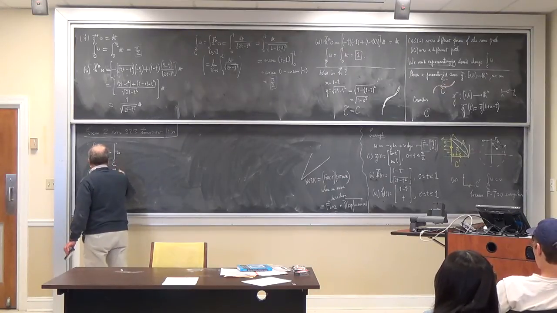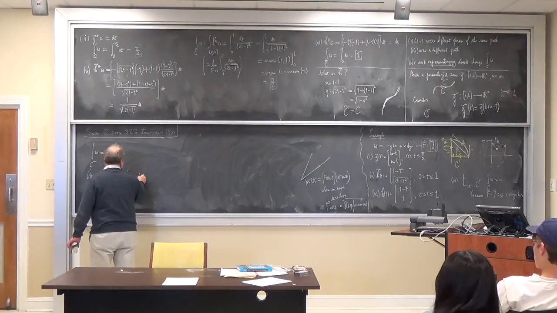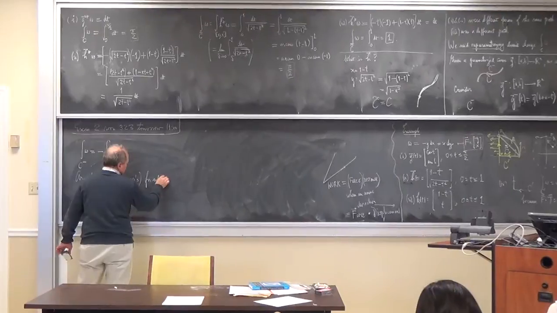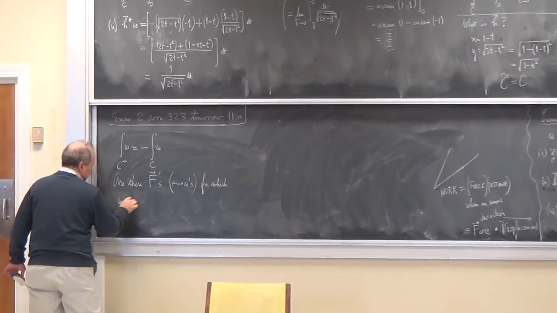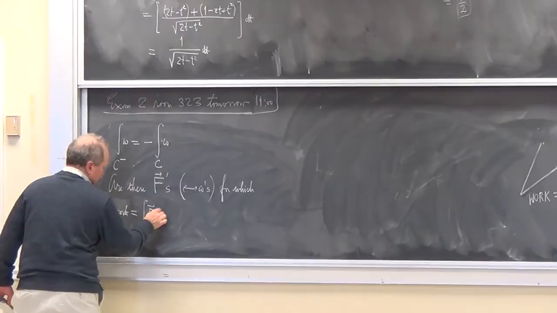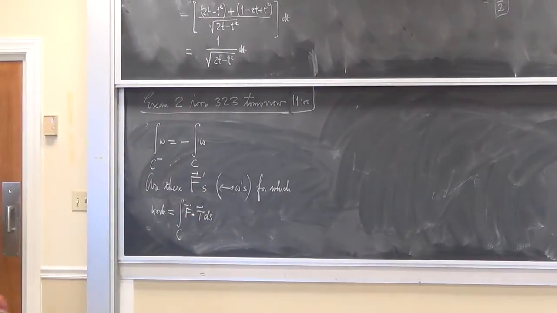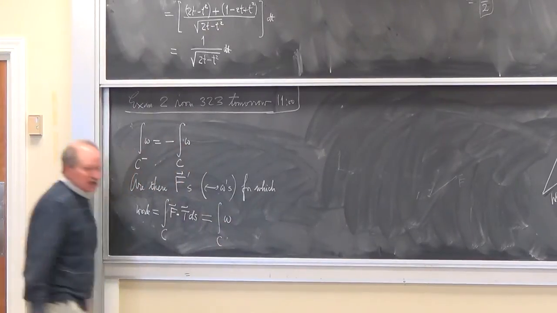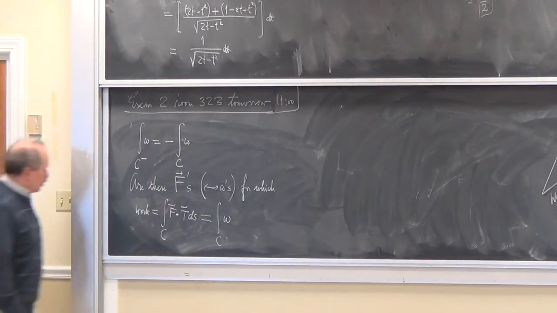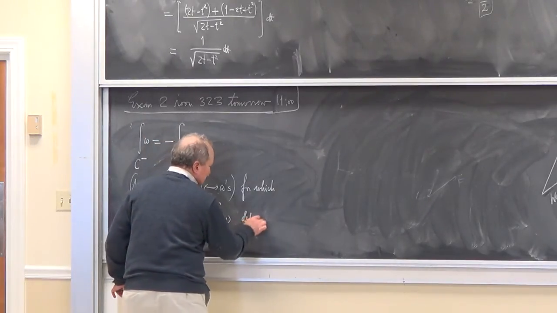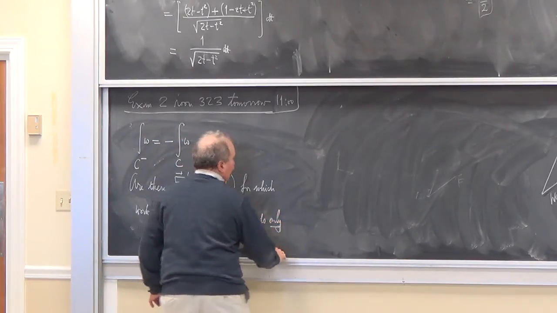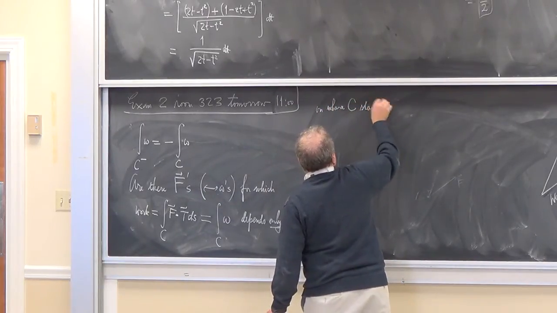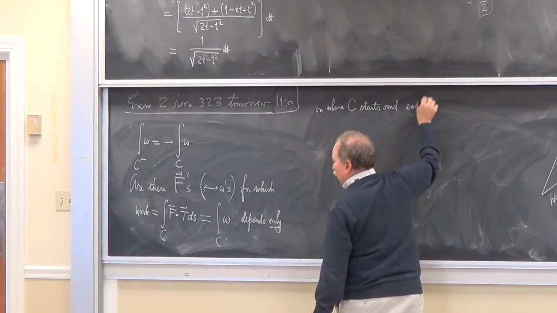Are there Fs, correspondingly omegas, for which the work, so in the force notation it's the integral of F dot T ds, or in the one form notation it's the integral of omega, for which the work depends only on the endpoints, on where you start and where you end. And I'm asking, are there such Fs?